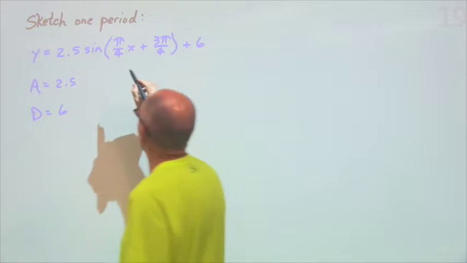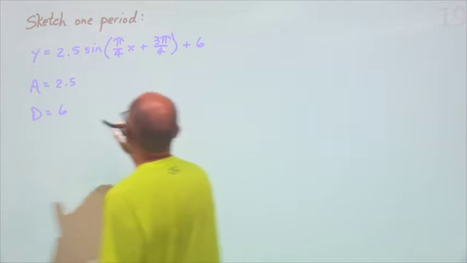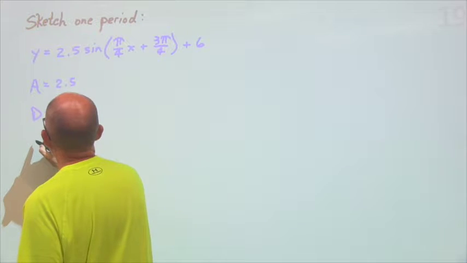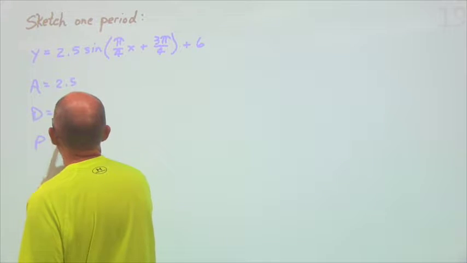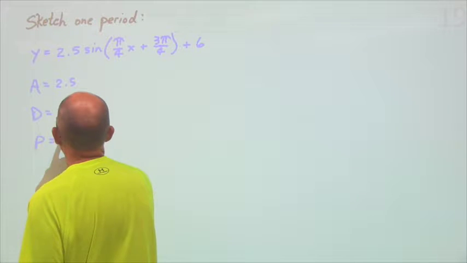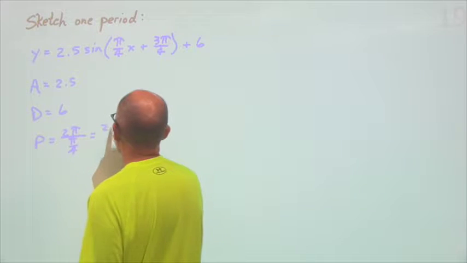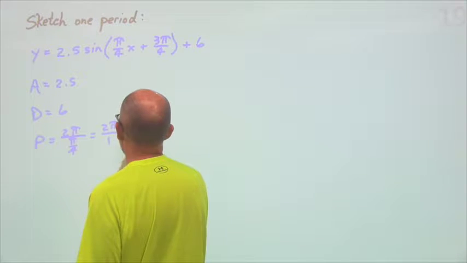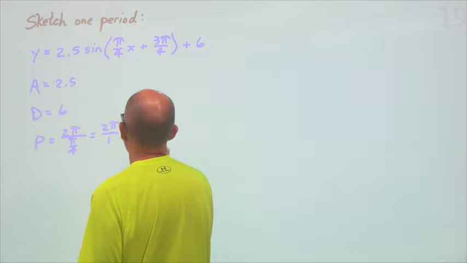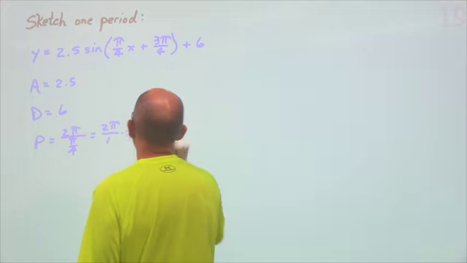Now we want to look at the period. The period equals 2 pi over pi over 4, which equals 2 pi times 4 over pi, which equals 8.